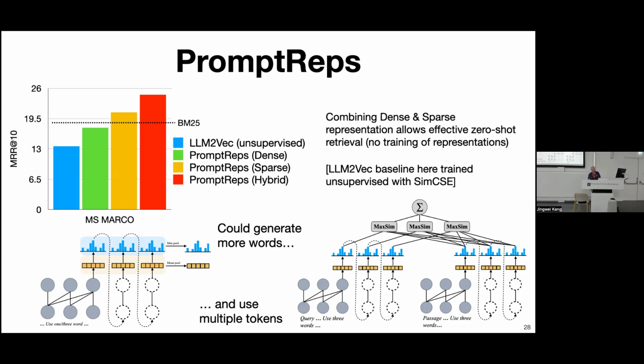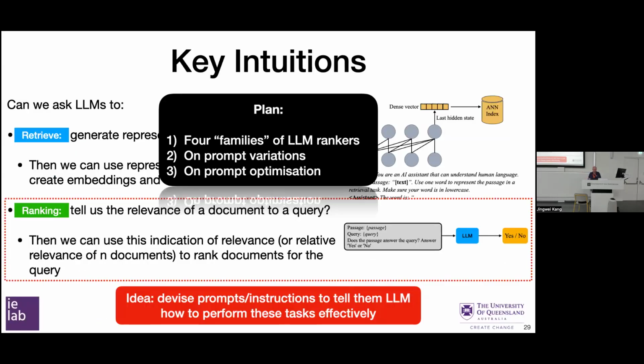But the approaches do work. These multi-word approaches don't work better than that one single word, surprisingly, but they still work decently. Okay, so that's a very quick overview of how we could use these LLMs as creators of representations for doing retrieval.